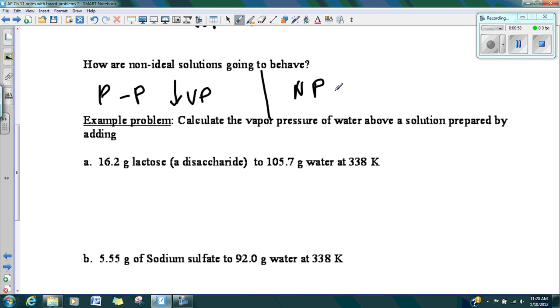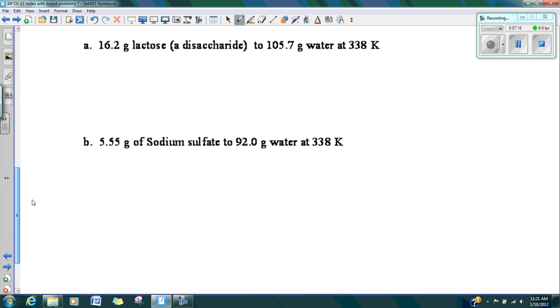They don't have to overcome as much. And so the result is I'm going to have higher vapor pressure, because there are not as many attractions. This will be displayed when we go through these example problems right here, and we'll do those in class.